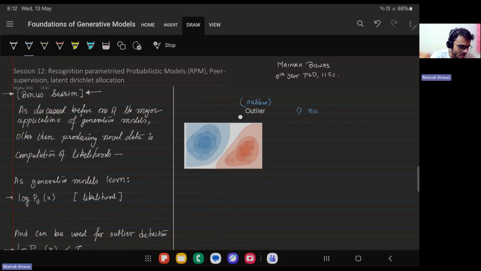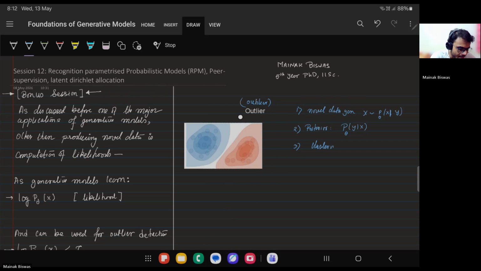novel data generation, which we discussed in the first class, that is x sampled from p theta of x comma y, or conditional of y, whatever you want. Then we have inference, or the posterior p of y given x, which is a model prediction.